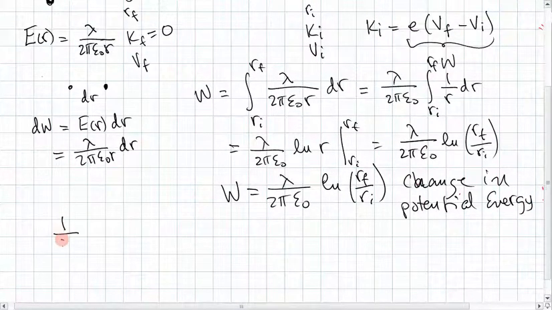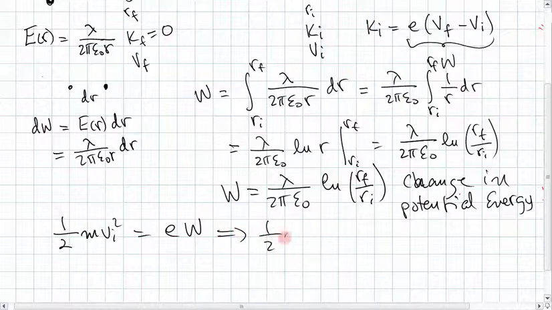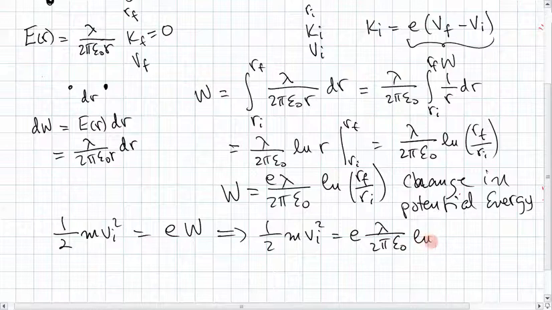The kinetic energy is 1 half m vi squared, that is Ki, and that is equal to e times W. So therefore, I get that 1 half m vi squared, and I forgot an e here, is equal to e times lambda over 2 pi epsilon naught ln of Rf over Ri.